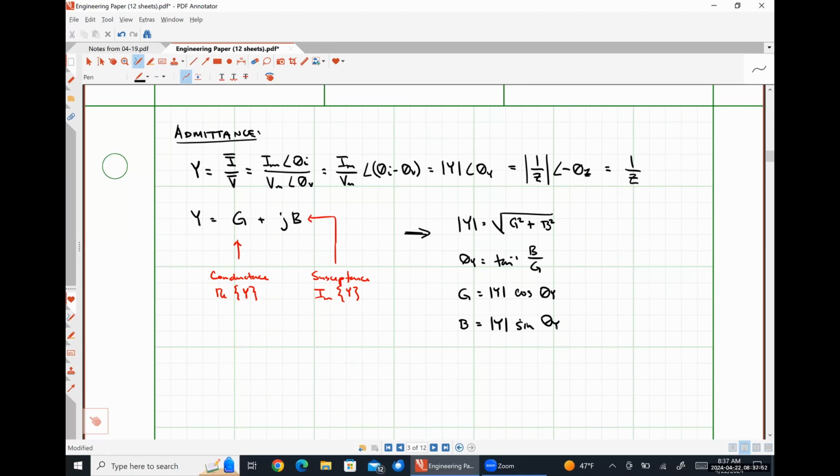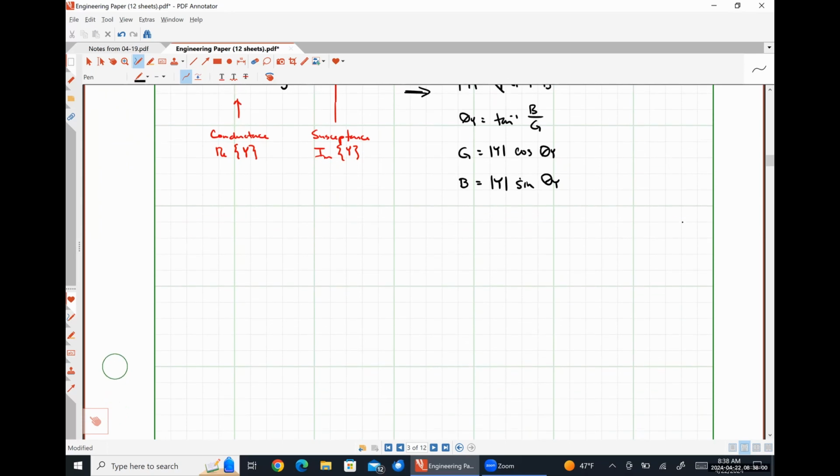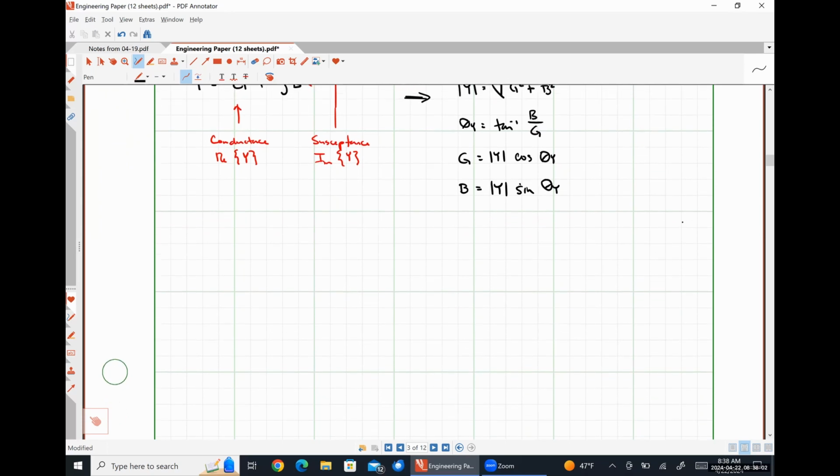sine theta Y. And we can actually go back and forth between impedance and admittance. So for example, we could express the conductance G as R over R squared plus X squared. I'm going to point something out here.